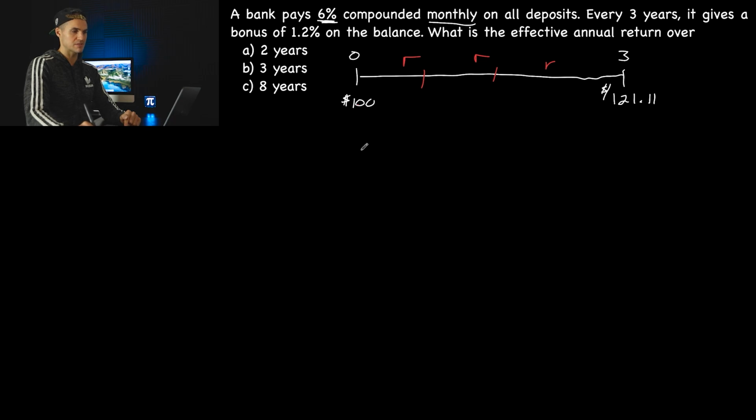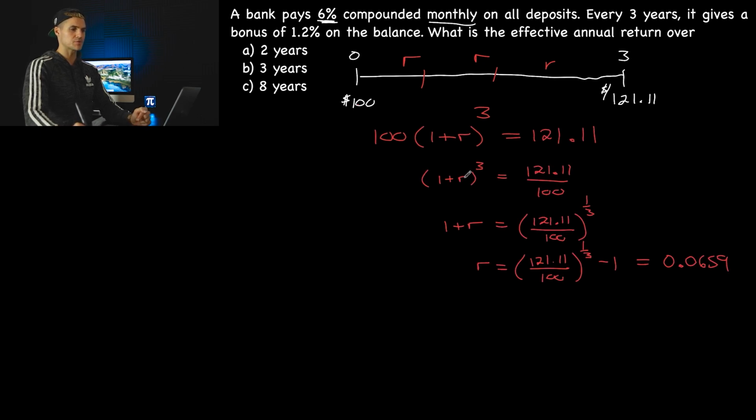So we would just simply set it up like we did before. We take the 100, at what rate would this 100 have to grow by every year for 3 years in order to get to this $121.11. And when you end up doing the algebra, so first dividing both sides by 100, bringing this 100 over here, and then to take this exponent 3 to the other side, you have to take the other side to the power of the reciprocal, right?